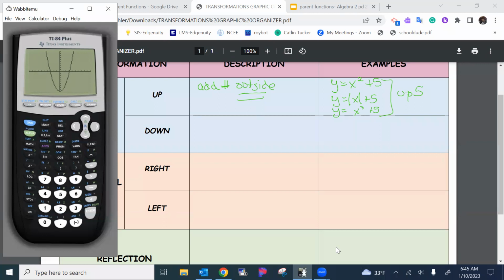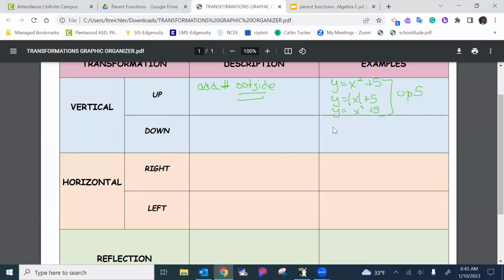So now we have an example of how to move down, and that is by subtracting a number on the outside. Some examples would be y equals x squared minus 10, y equals the absolute value of x minus 10, y equals the square root of x minus 10, and all of these would be moving something down 10.